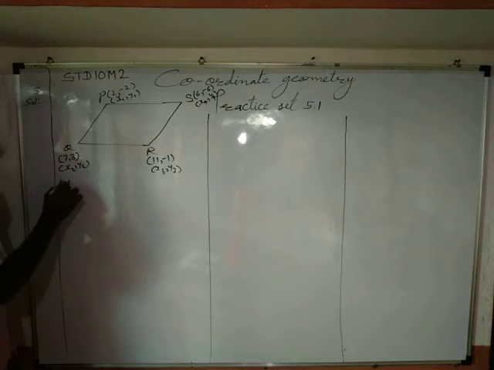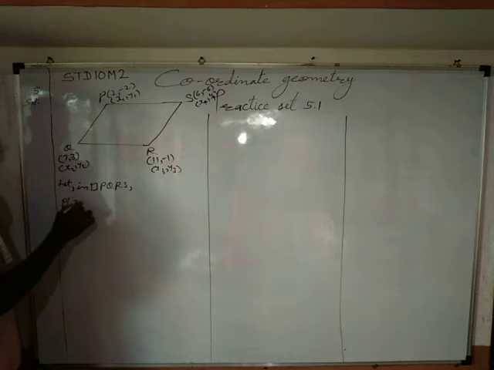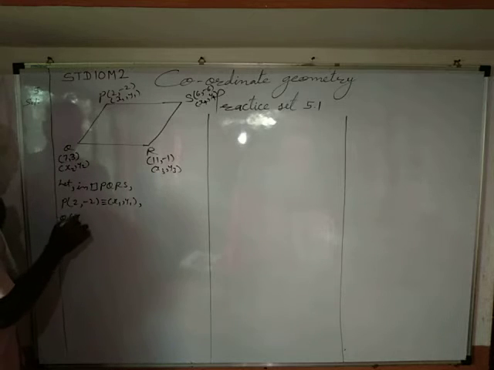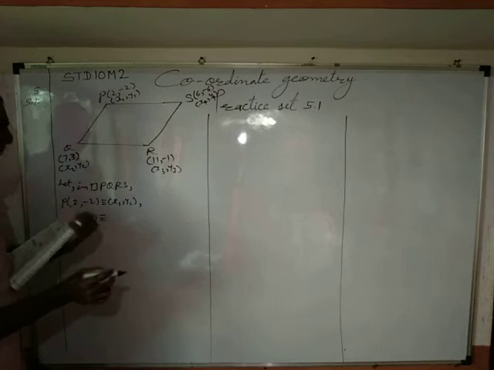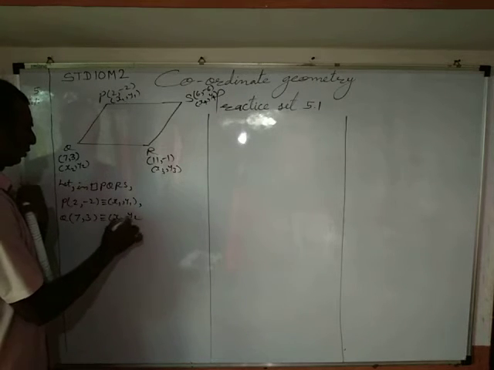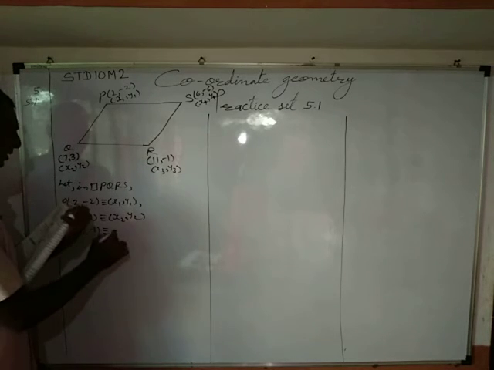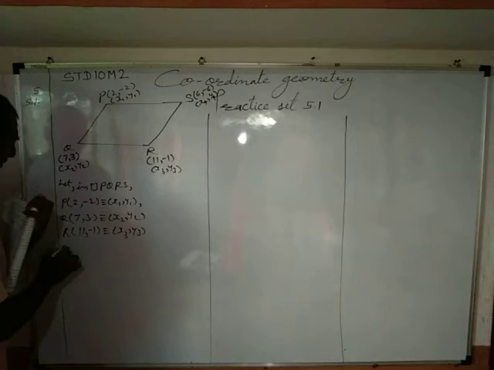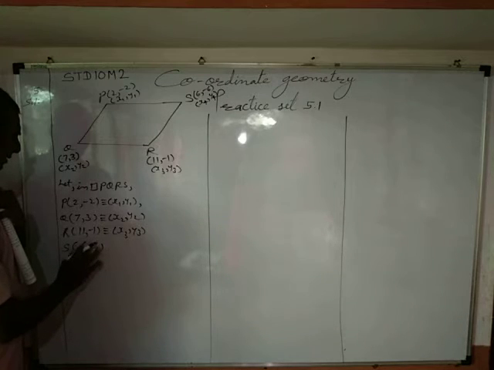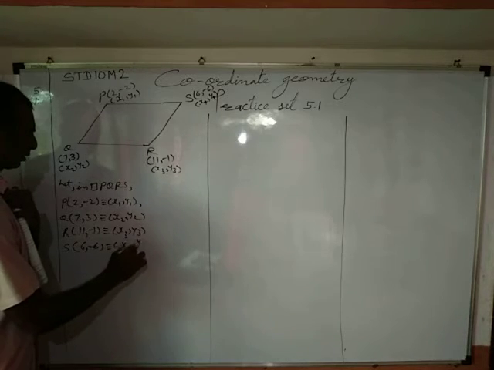Let in quadrilateral PQRS, P(2, minus 2) is x1 y1, Q(7, 3) is x2 y2, R(11, minus 1) is x3 y3 and S(6, minus 6) is x4 y4.